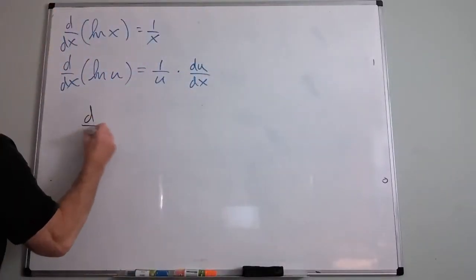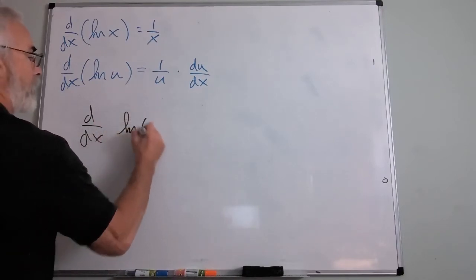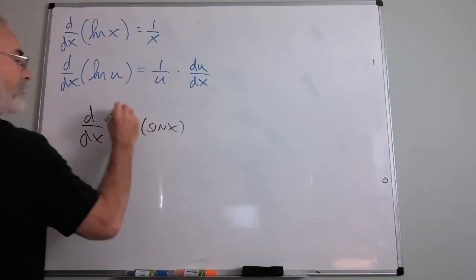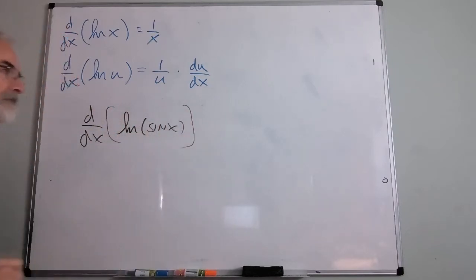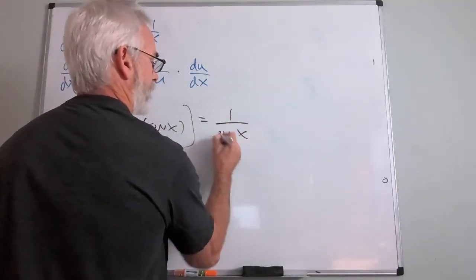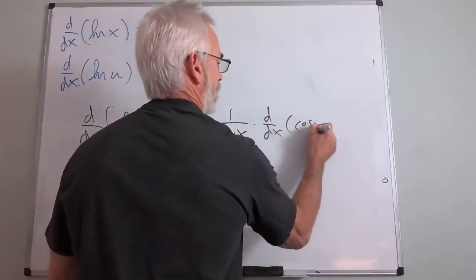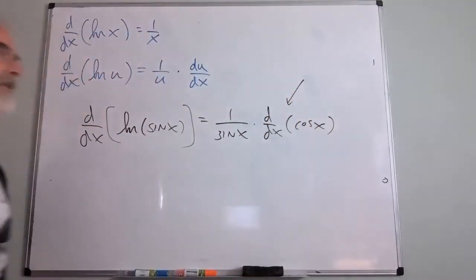Let's go simple. I want to differentiate, let's say, the log of the sine function. Okay, that should be 1 over the sine function. Oh, times the derivative of the sine function. Okay, can't forget that part. That will be a killer if I forget that.